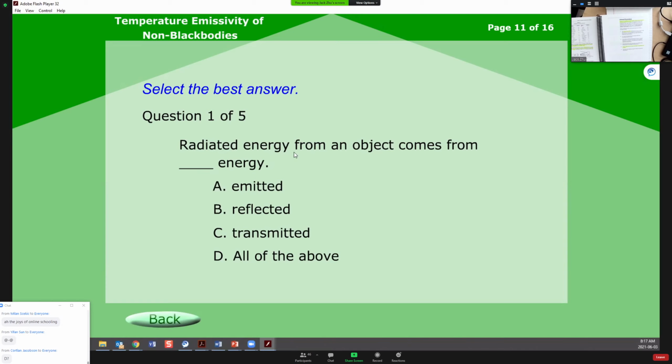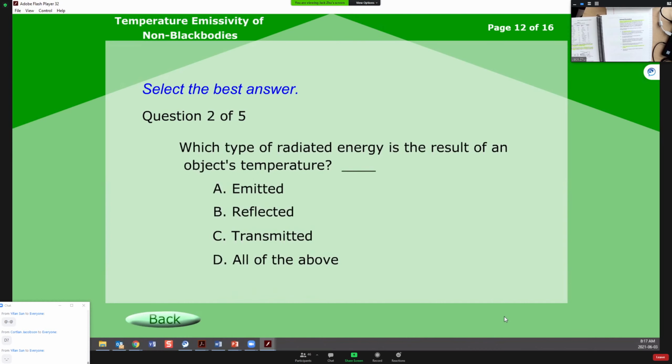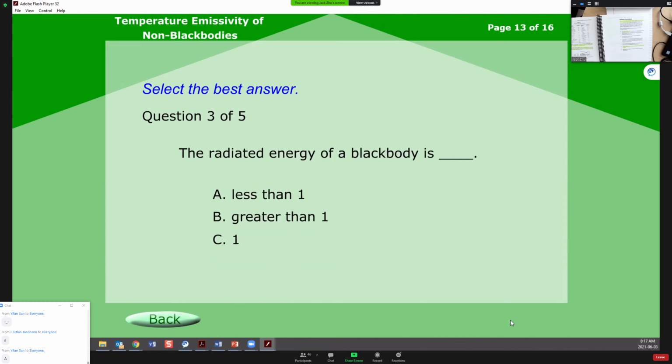Radiation came from D or above. Which type of radiation is the result of an object's temperature? A. Good. You guys are super smart. Of a black body is C. Right.